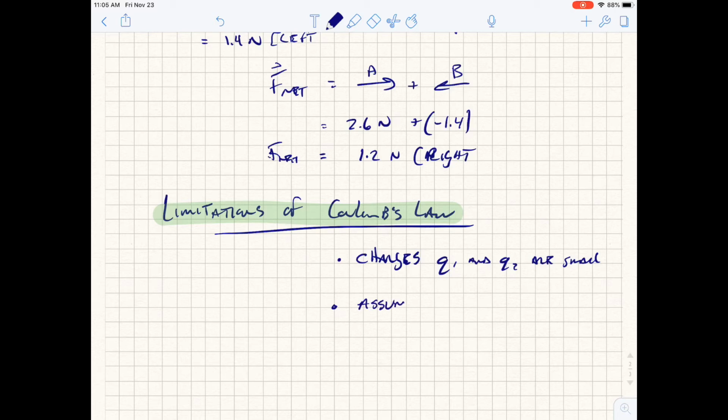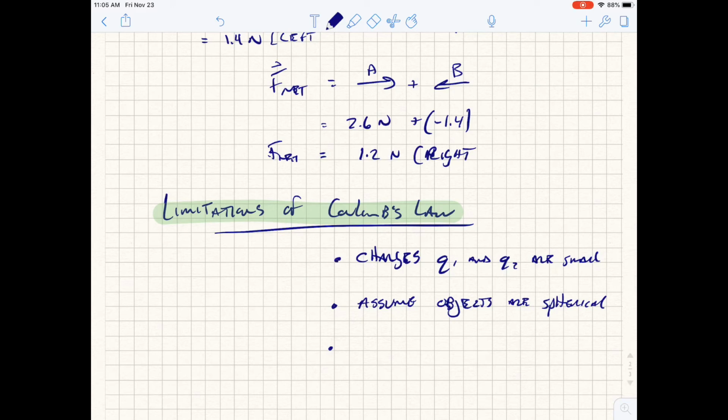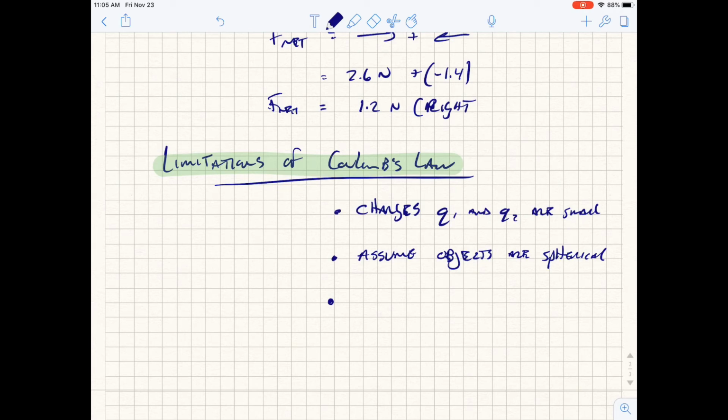We also assume that the objects are spherical, just to maintain a balanced spread or density of charges. As soon as you have an object that is not spherical, you have concentrations of charges on the sharp points, and we have to use calculus to look at the flow or change of charges over an object. The other limitation is that the objects are tiny or small compared to the distance between them.